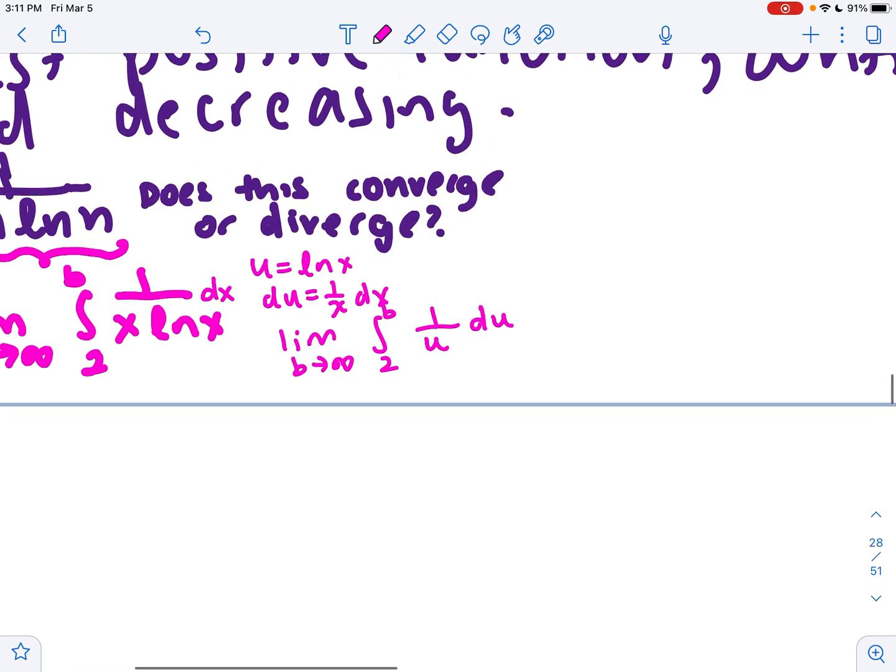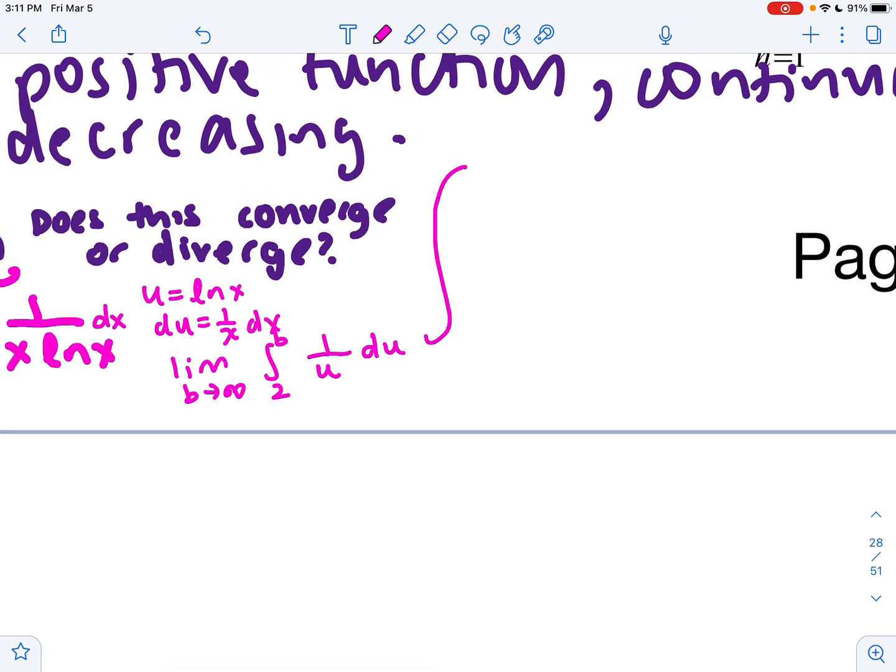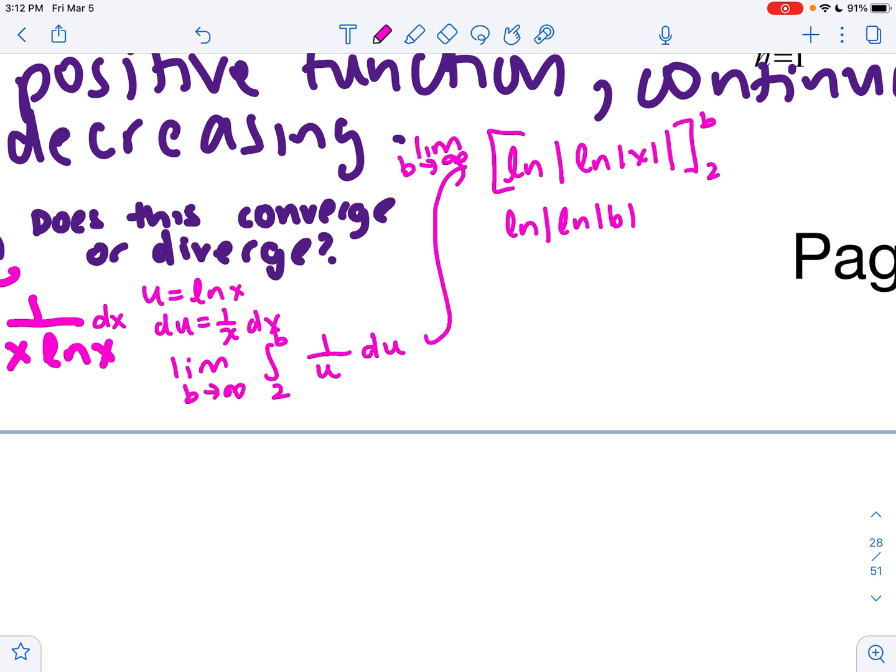So my antiderivative is ln of the absolute value of u, and u happens to be ln of x, so ln of ln of x, going from 2 to b, with a limit in front. So let's plug in b, and then plug in 2.